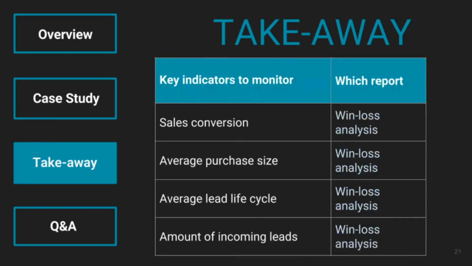And just to recap, the key indicators to monitor, all of those are in the win-loss analysis, is the sales conversion, average purchase size, average lead life cycle, and the amount of incoming leads.